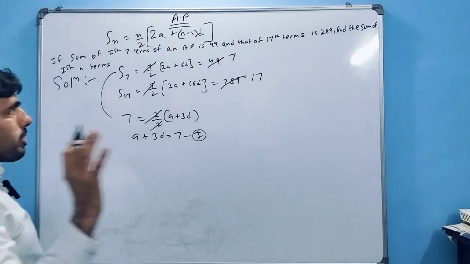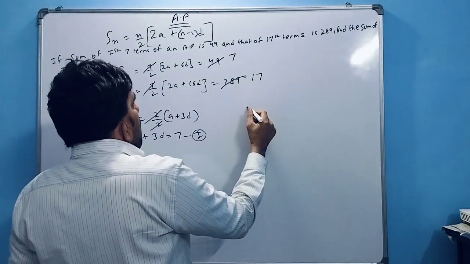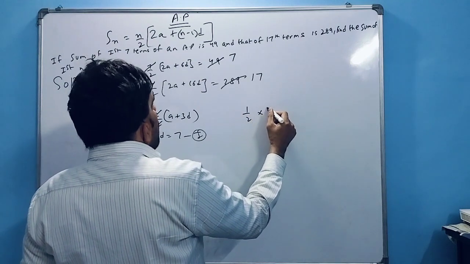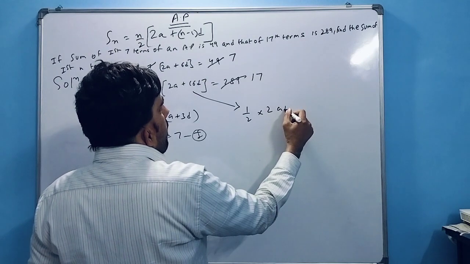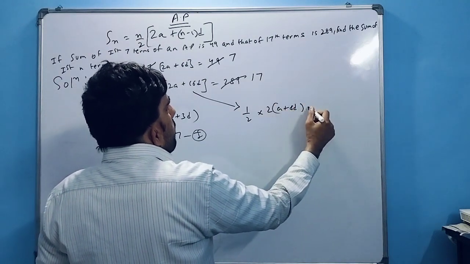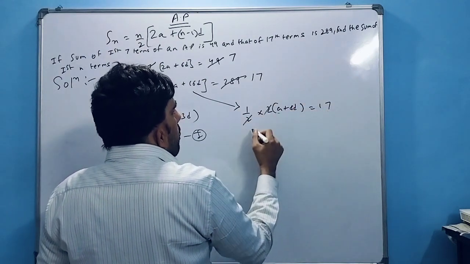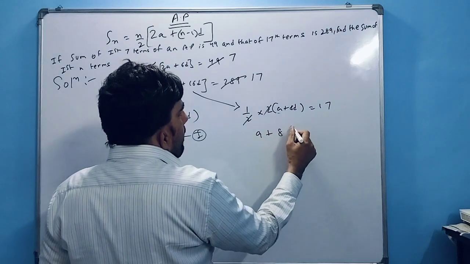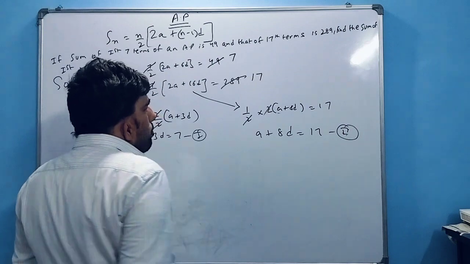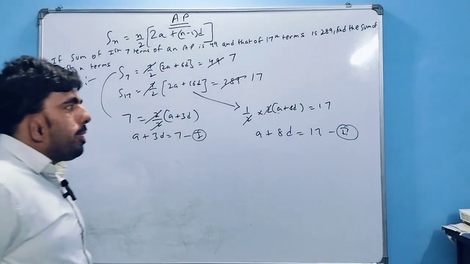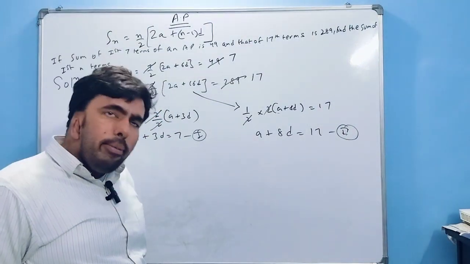Now the next equation: 17 by 2, we can take common here, so 2a + 16d is equal to 34, so a + 8d is equal to 17. So I got one more equation, a + 8d is equal to 17.